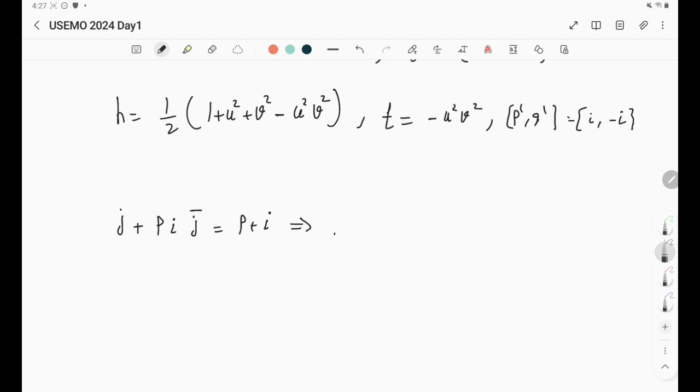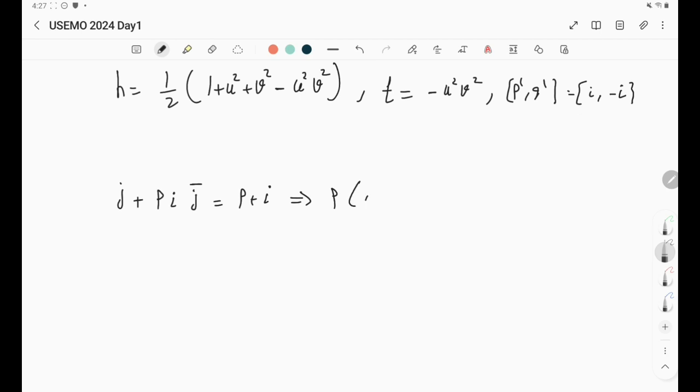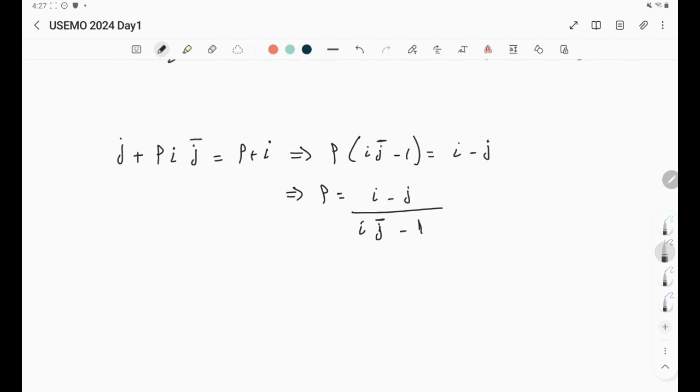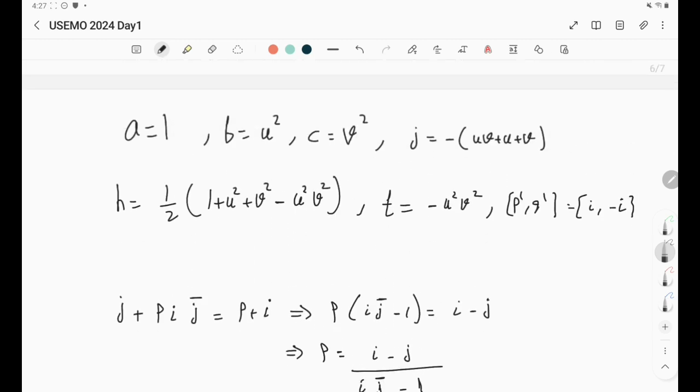So P times I conjugate of J minus 1 is equal to I minus J. That just means that P is equal to I minus J divided by I times the conjugate of J minus 1. Very nice.